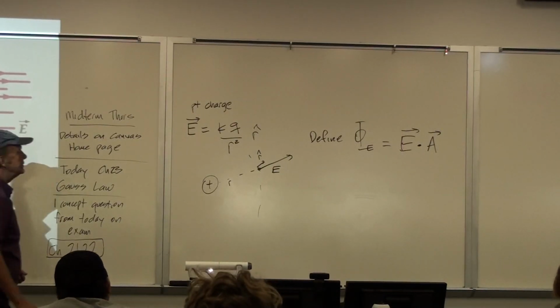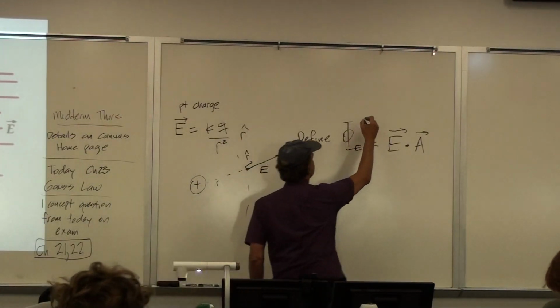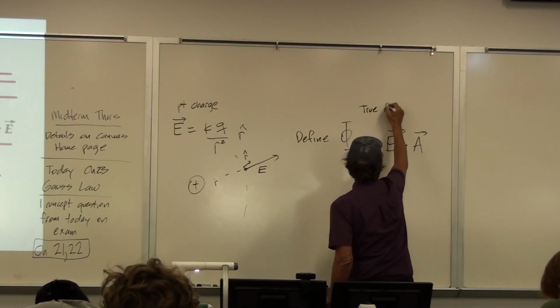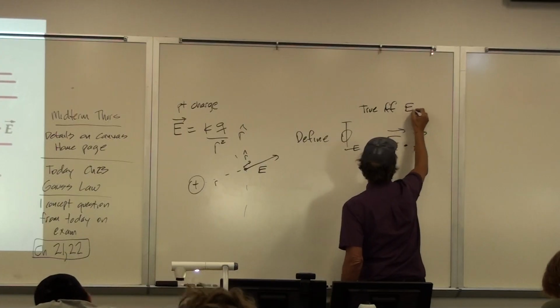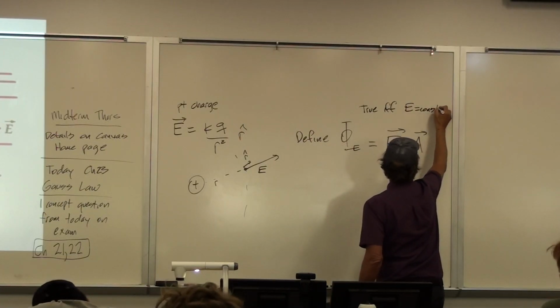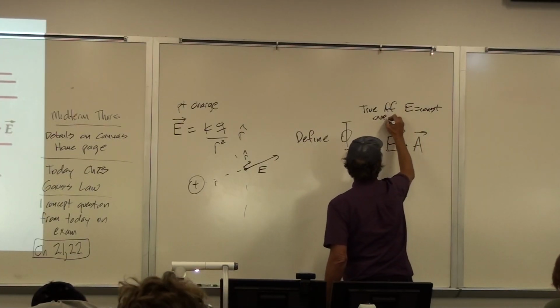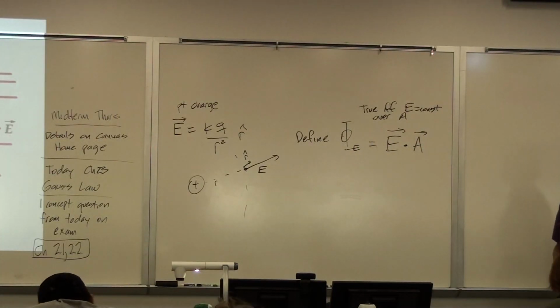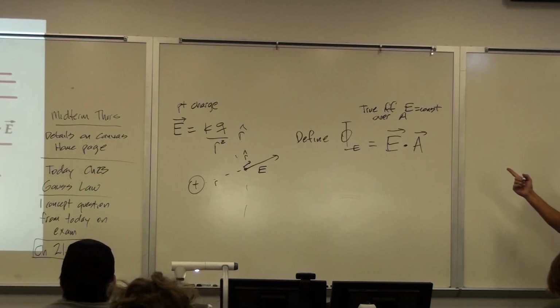And for this expression, by the way, we'll assume this is true if and only if E is a constant over the area. If the electric field isn't constant over the area, we can't write this.